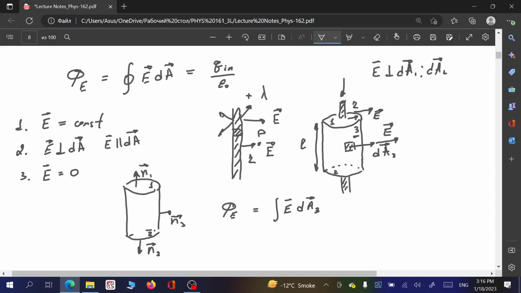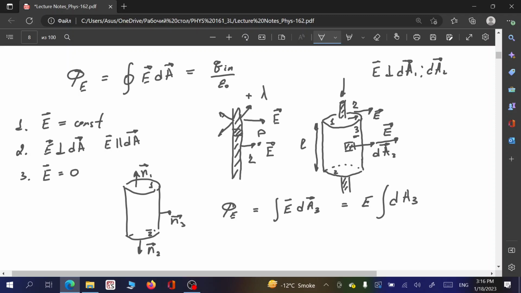What is important here is that the electric field is uniform at every point of this side surface, because we have a uniform linear distribution of electric charge, meaning at every point of this side surface, the electric field will be the same. That takes into account the symmetry of this case. That's why we can take the electric field out of the integral. So we will have E times the integral of dA3.